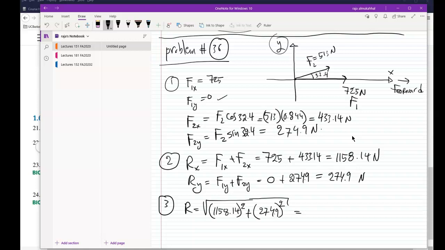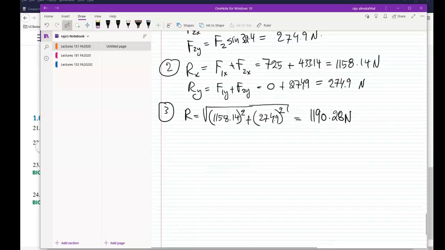So that's going to be, I hope I did it correctly, 1190.28. I hope it is correct. There we go. And the last step, so this is the magnitude, right?